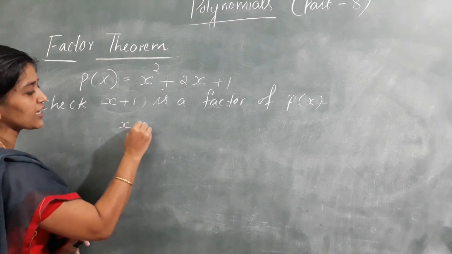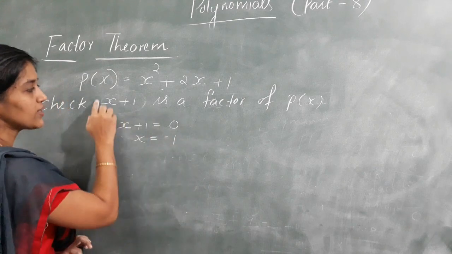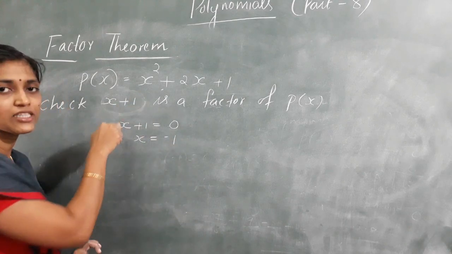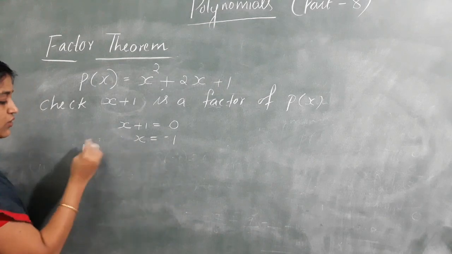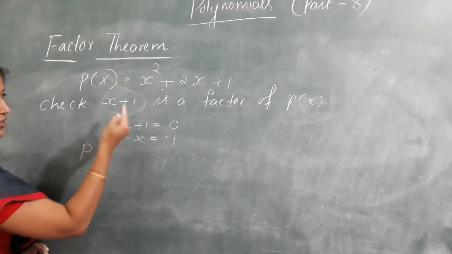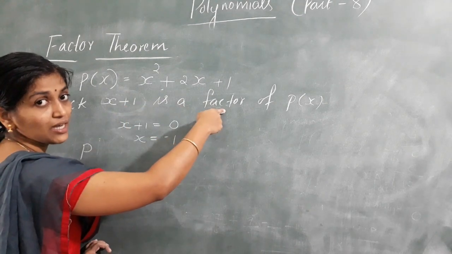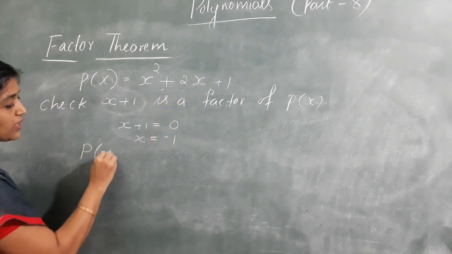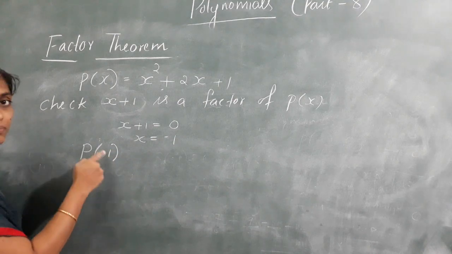So we first take x plus 1 equal to 0, so x is equal to minus 1. The zero of x plus 1 is minus 1. So x plus 1 is a factor of p of x if p of minus 1 is equal to 0, by the factor theorem. So we will find p of minus 1.